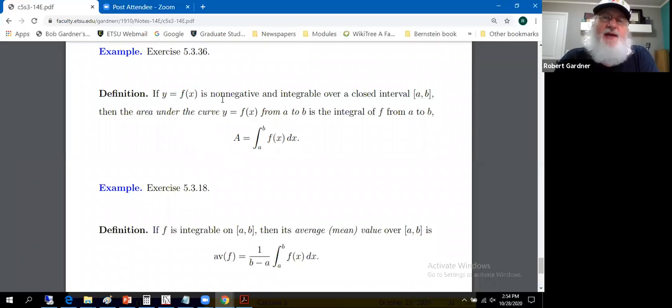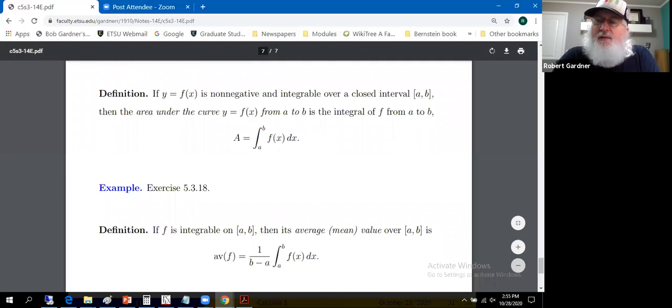So if y equals f of x is a non-negative and integrable function over the closed interval from a to b, the area under the curve y equals f of x from x equals a to x equals b is the integral of f from a to b. The area is the integral from a to b of f of x dx. It's a definition of area. You can't argue with it because it's a definition, but we set all this integral stuff up to give us exactly that, to give us areas under curves.